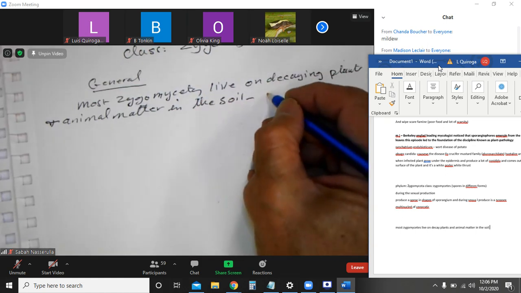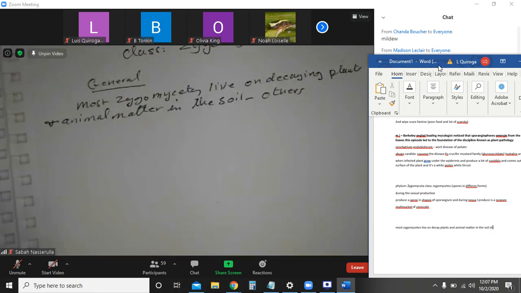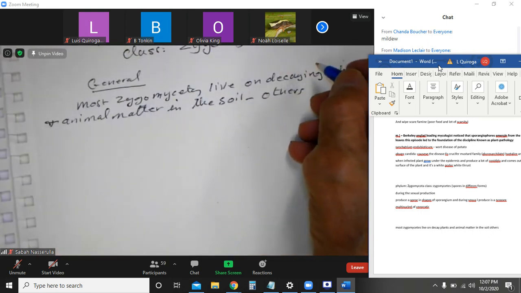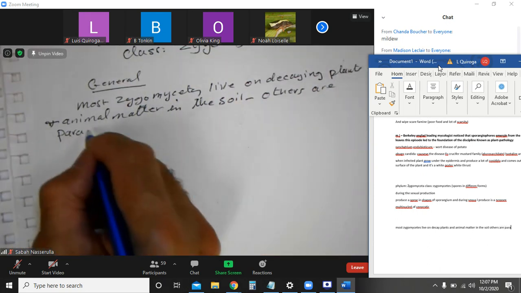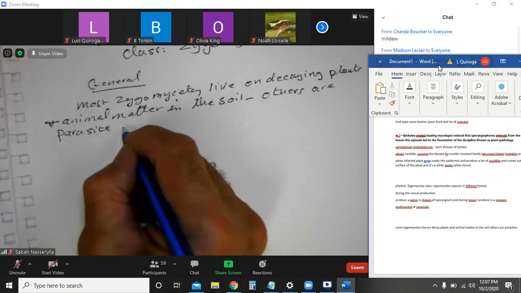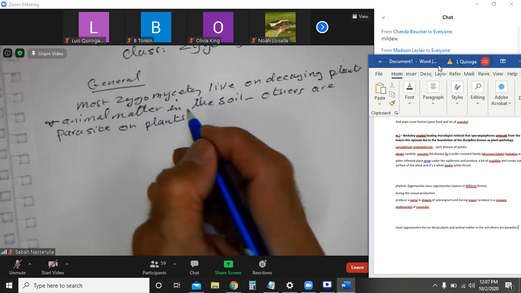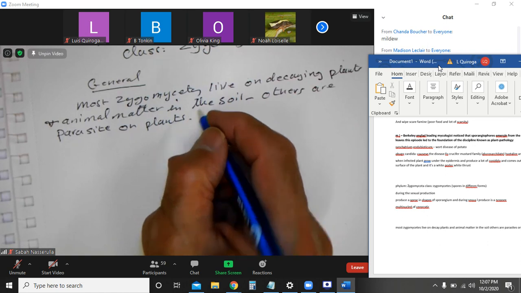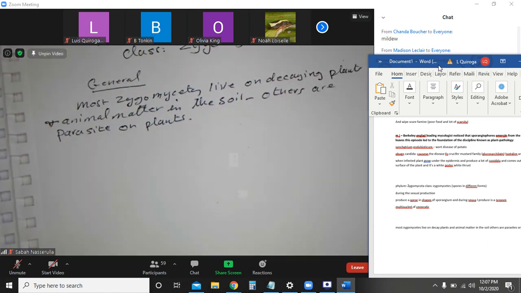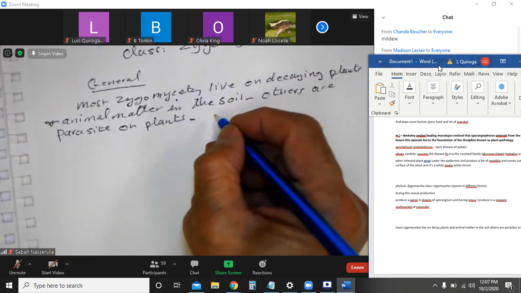Others are parasites on plants. Some also live in symbiosis because some of the species form mycorrhizae.